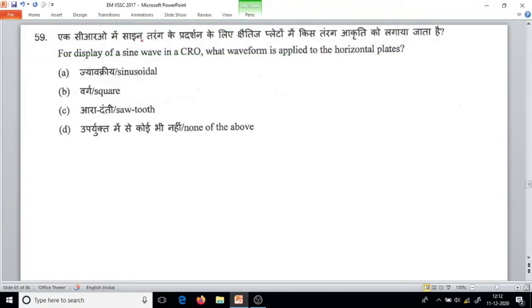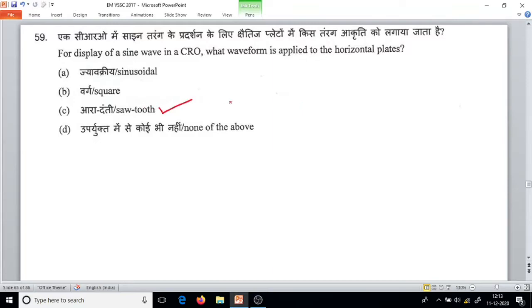Question number 59. For display of a sine wave in a CRO, what waveform is applied to the horizontal plates? See, the horizontal section of the CRO is for the time base.